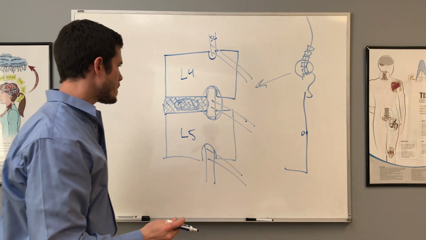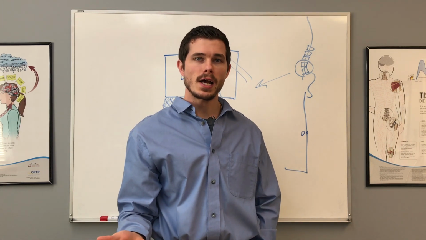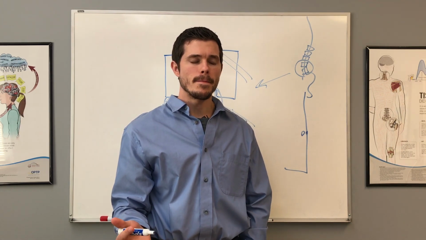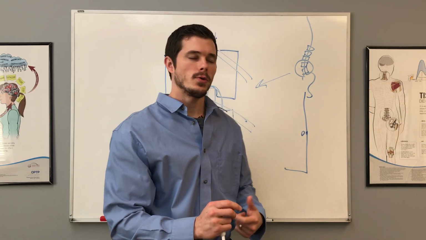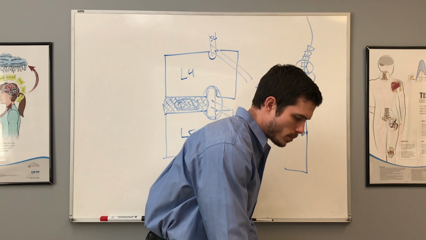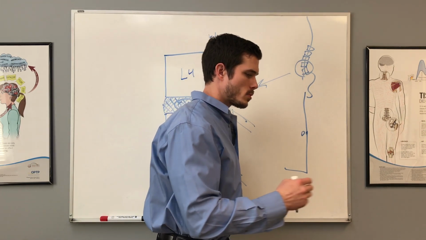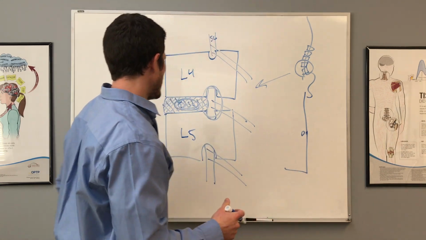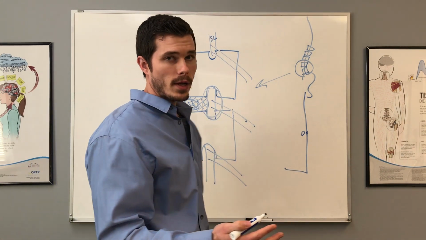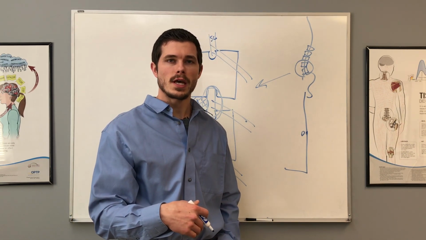Now some of the most common mechanisms, if you've seen my 7 telltale signs of a herniated disc, are that you're in a bent over forward position and lifting something, or maybe you were stooping over picking something up, or you started to notice back pain after a long car ride. What do all these things have in common?